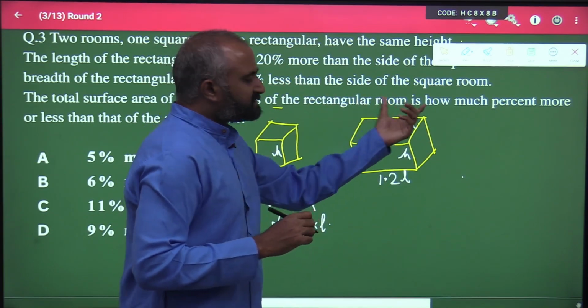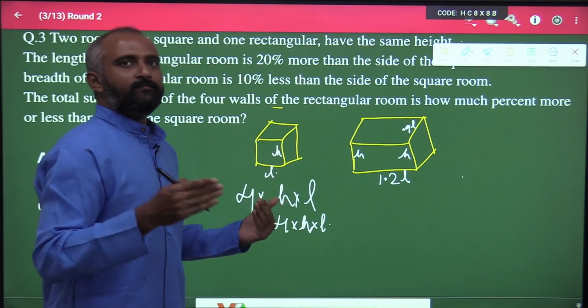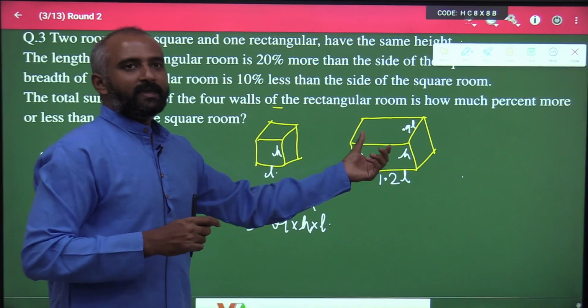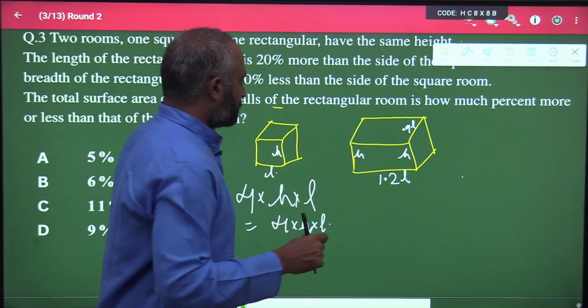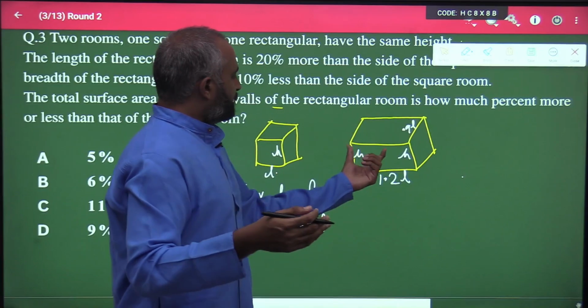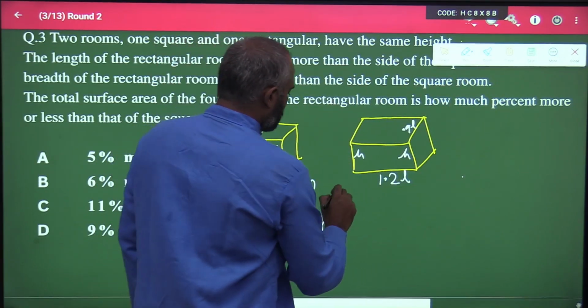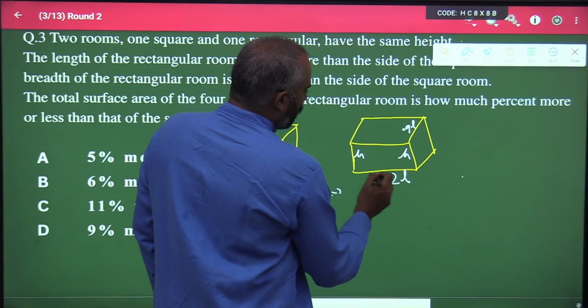Now see, because this is a square, all four sides are the same. But since this is a rectangle, it is different. The front and the back dimensions are different, and the left and the right dimensions are different. So what is the area for this?